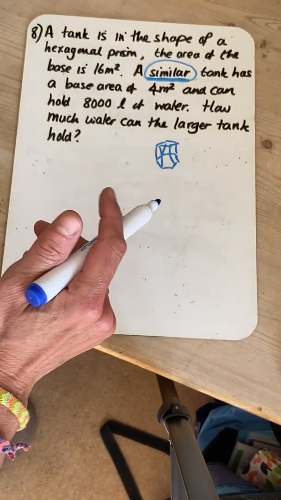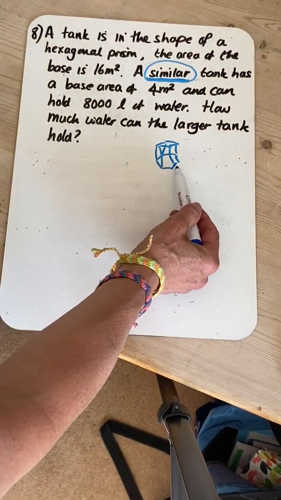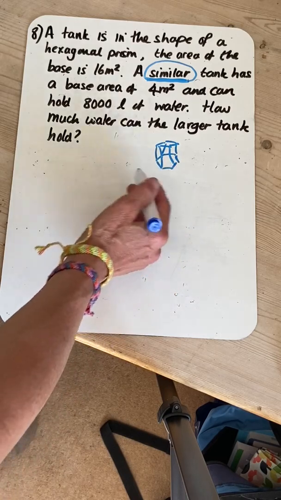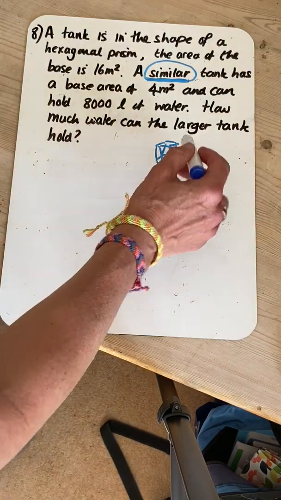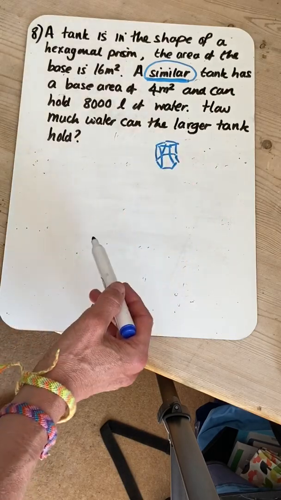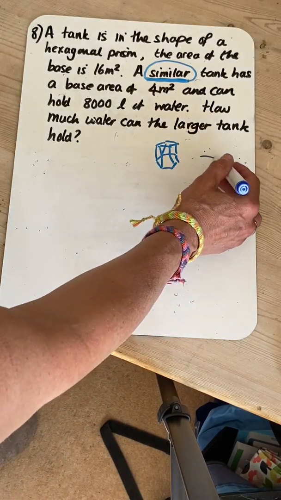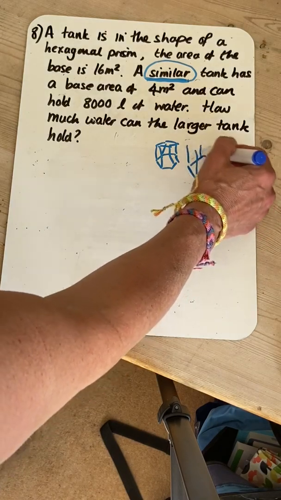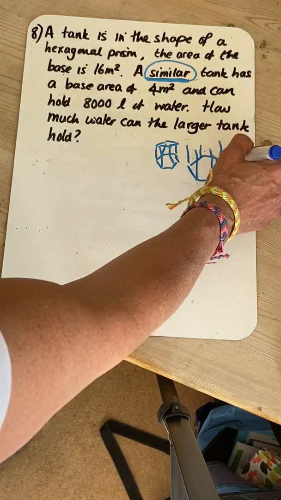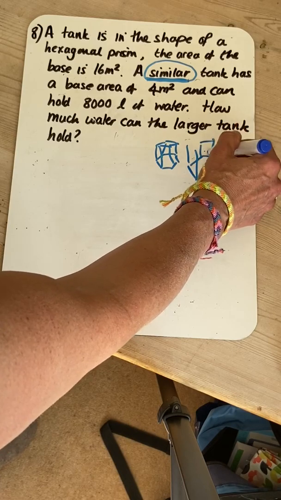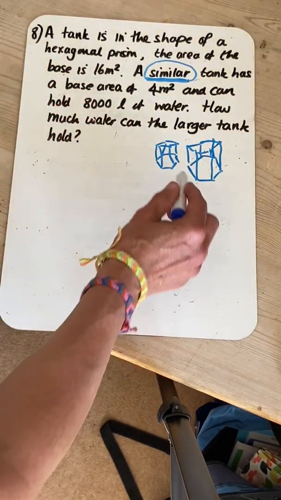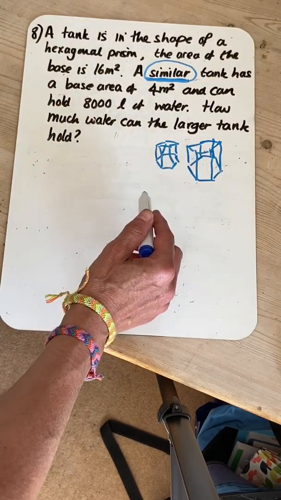So for any prism, regardless of the shape of the base, so here's a hexagon shaped base, the volume of it is the base times the height. If we've got 2 similar ones here, one is just going to be a bigger version of the other, okay? So there's my really rubbish sketch of a bigger hexagonal base prism. Doesn't really matter, you don't really need the diagrams here, okay?